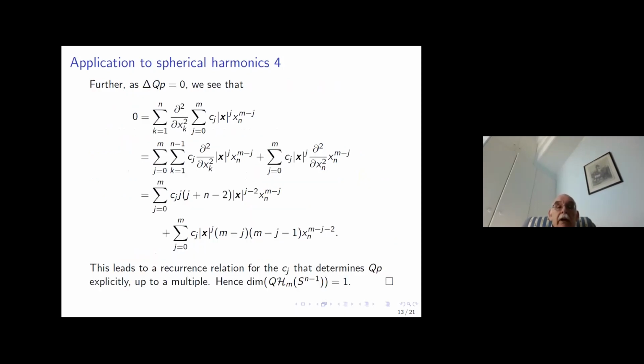So now I do another calculation. I use the fact that the Laplacian of QP is 0. So 0 is equal to the Laplacian applied to QP. I know it has this form. This should be x prime rather than x, but I'm sorry about that.